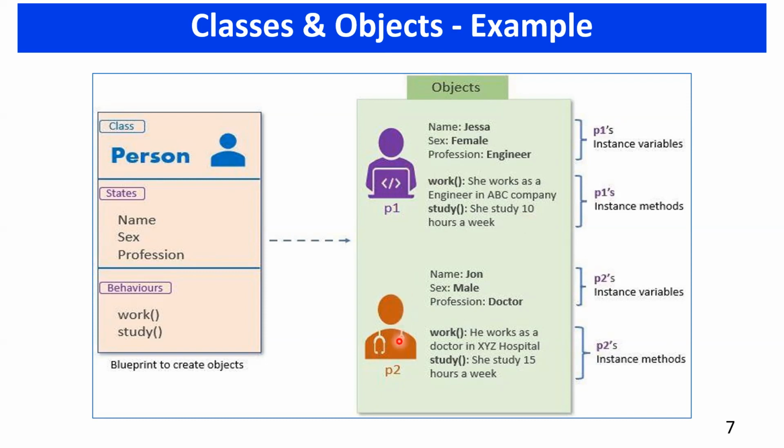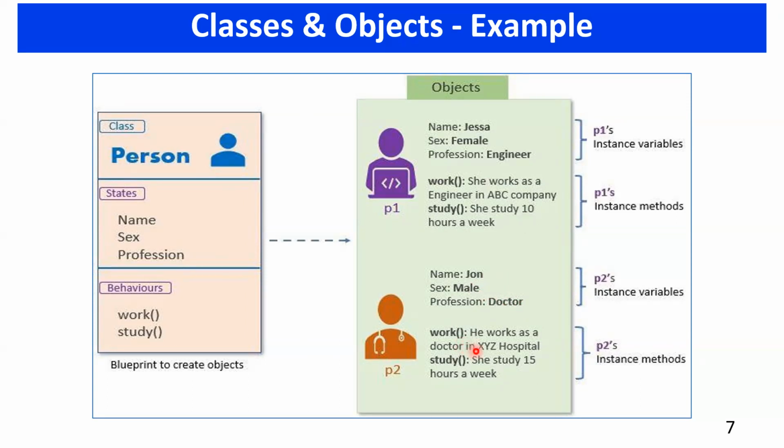And we can create one more object P2 of the same class called person, with a different set of states or attributes and a different set of behaviors. For example, person P2 has the name John, is male, and the profession is doctor.